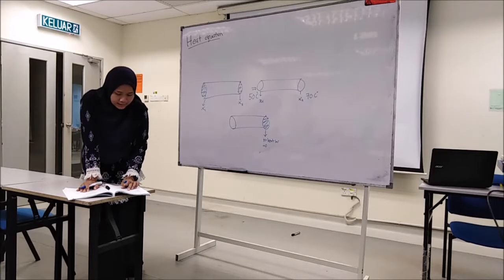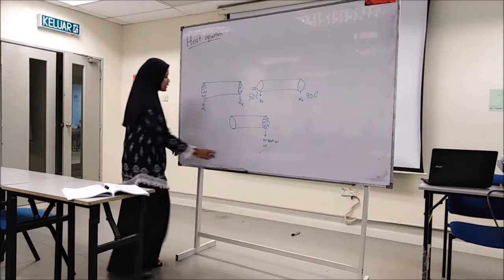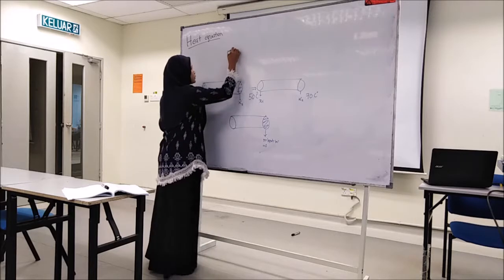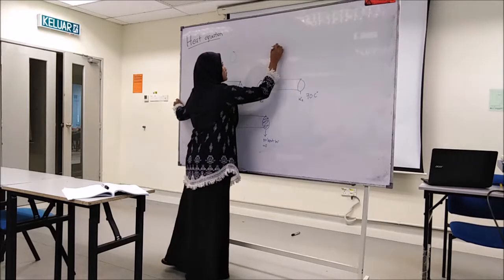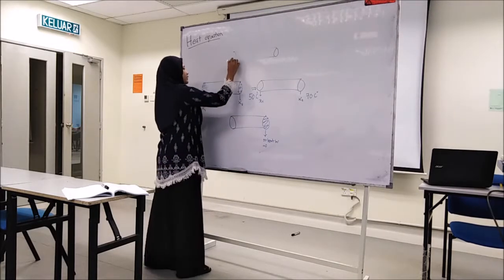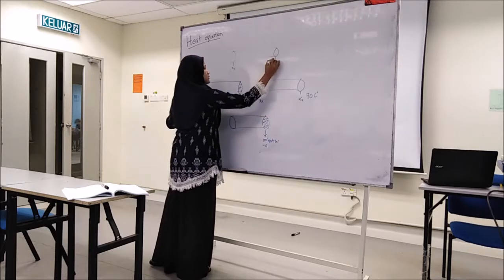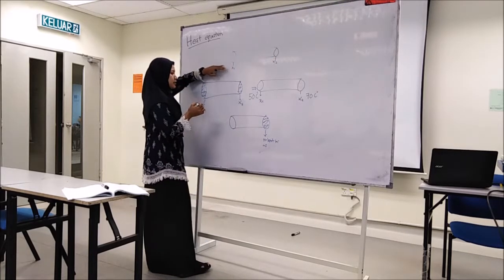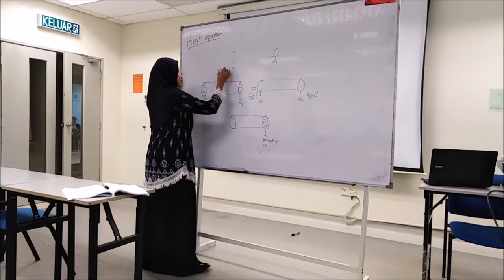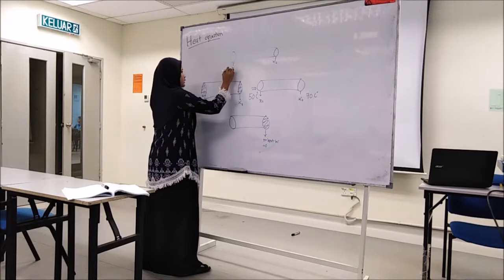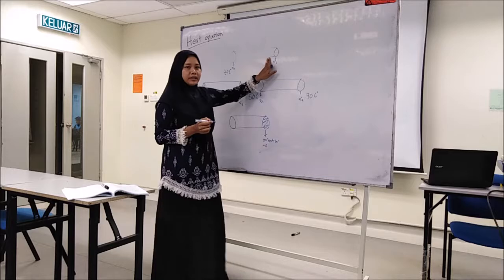For the fourth point, what if one end is held at a constant temperature and the temperature at the other end oscillates in time? This means you have a rod. At the first end, x1 and x2, we have a constant temperature, say for example 40 Celsius, and this one oscillates with time.